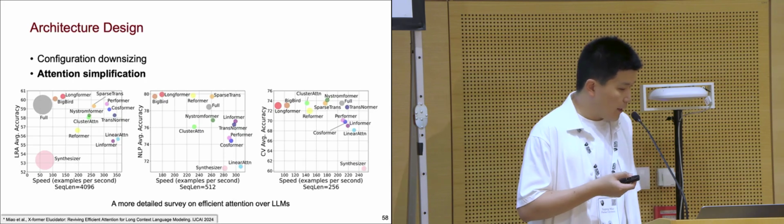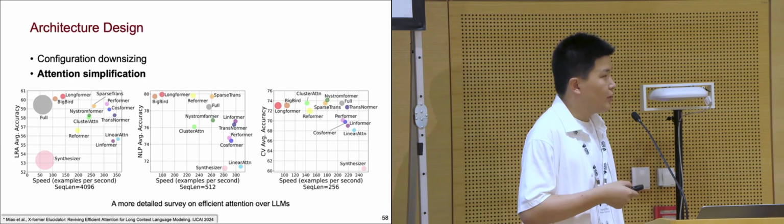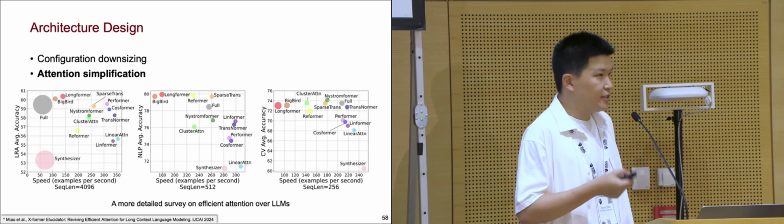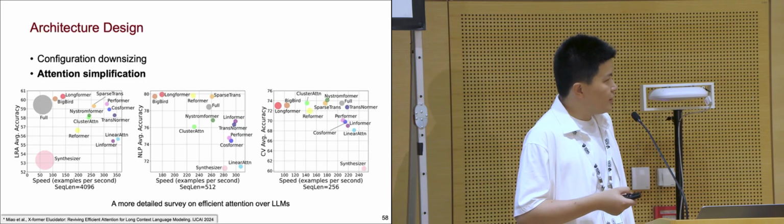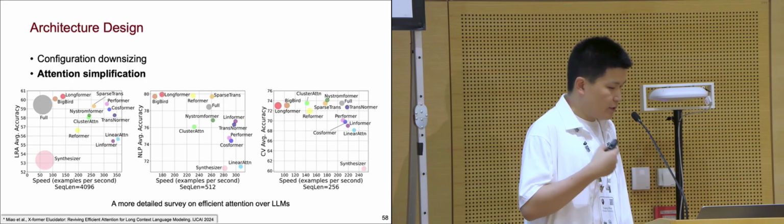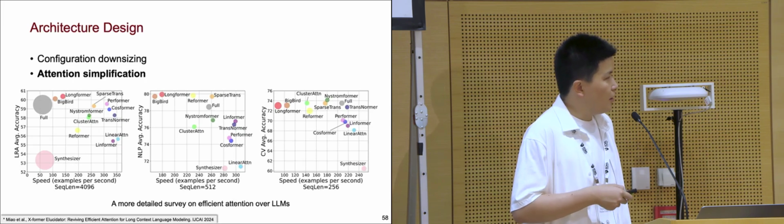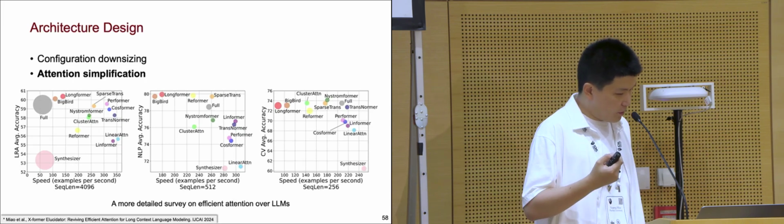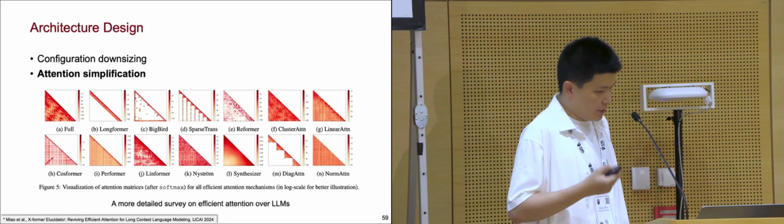For example, if you have heard about Scissorhands and H2O, they use selective KV cache or selective attention calculation techniques for generative language model serving, but this has actually already been studied a lot previously, for example in Informer or top-K attention research.